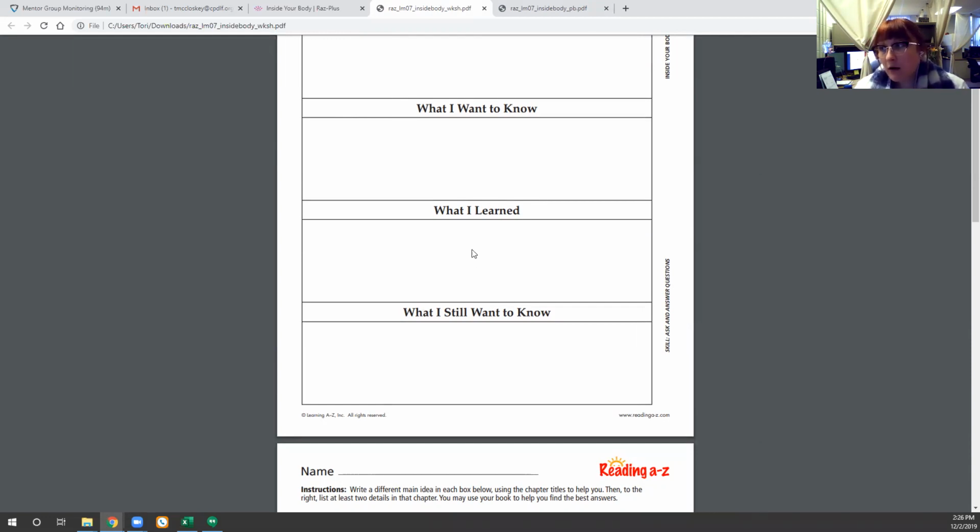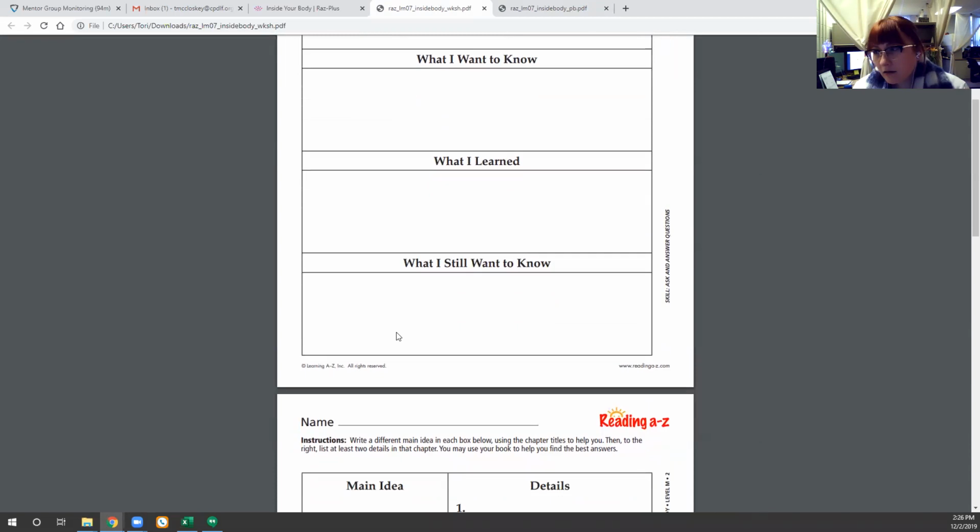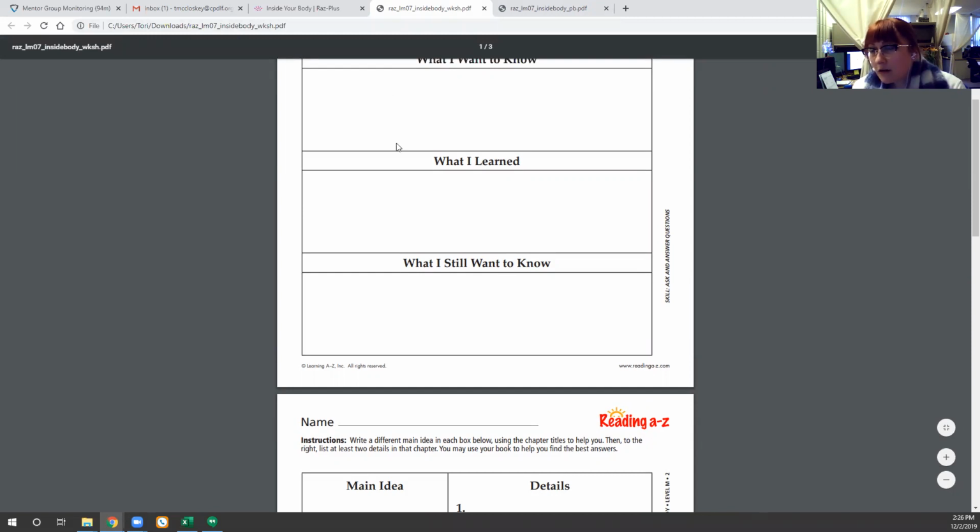If you learned things that weren't written down, add those too. What did you learn from this reading? And do you still have questions? Were your questions from What I Want to Know not answered? Or did new questions come about? This would be a good time to write them in, what I still want to know, because we always, always, always want to ask questions.